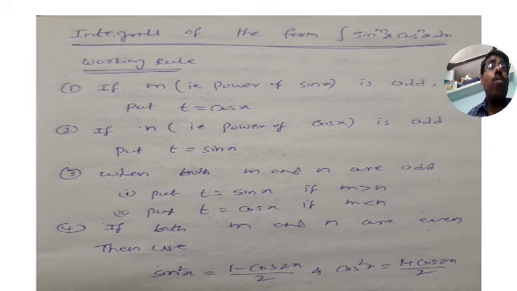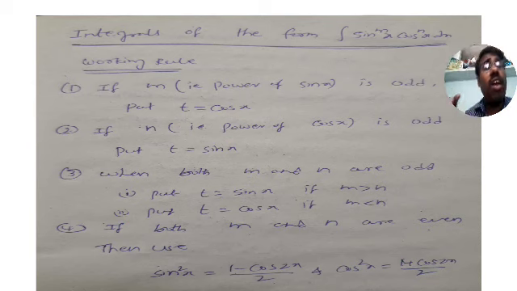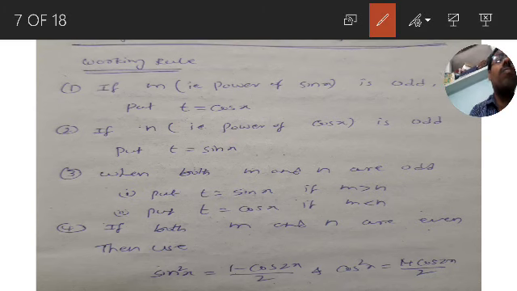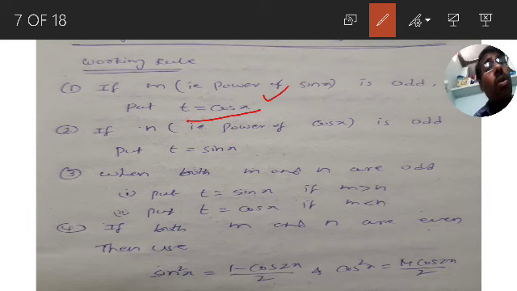So if m is odd, what is m? M is the power of sine. If the sine power is an odd number, then put t is equal to cos x. Are you getting? If sine power is odd, then put t is equal to cos x. And if n is odd, what is n? N is the power of cos x.